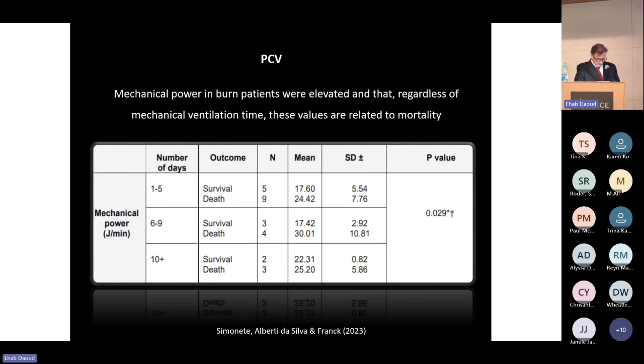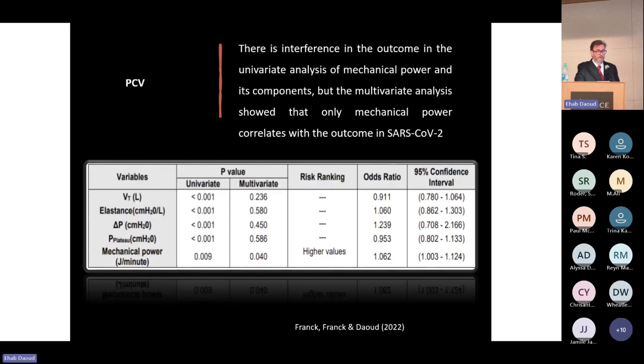In the next research, performed in COVID with moderate ARDS undergoing pressure control ventilation, it showed that there is interference in the outcome in the univariate analysis of mechanical power and its components.